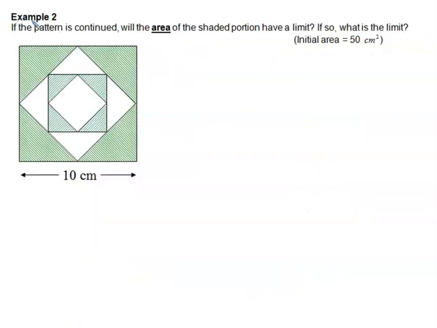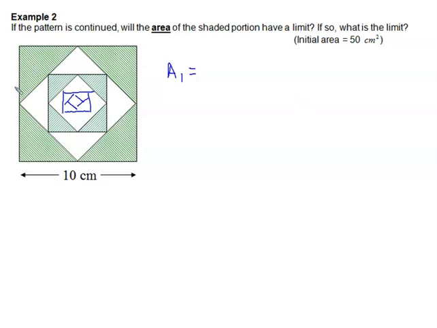So this one is asking, if the pattern continued, will the area of the shaded portion have a limit? So the idea is that this pattern would then continue. That I could go in here and I could make another square, and then I could make another square, and we're looking, what is that limit? I know that my initial area is going to be 50 centimeters squared.